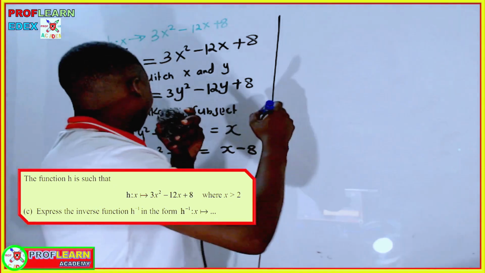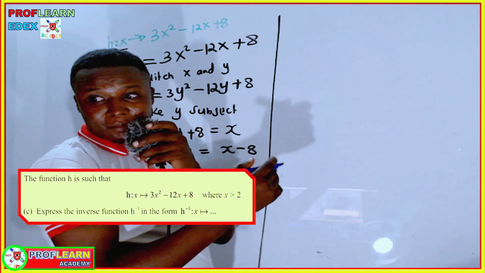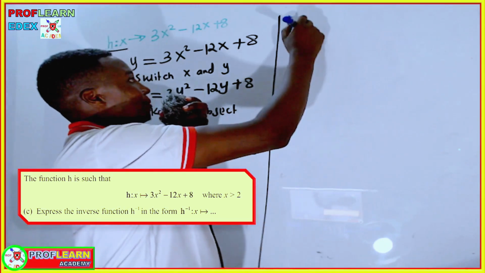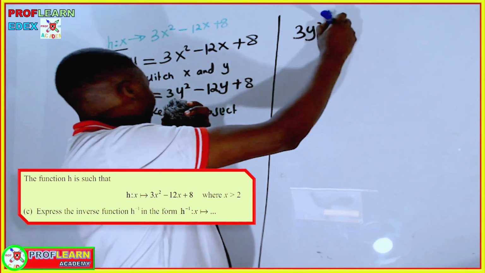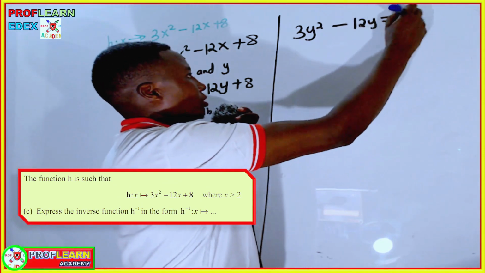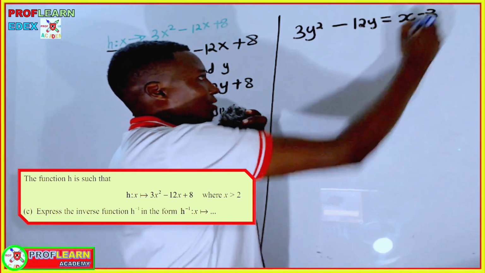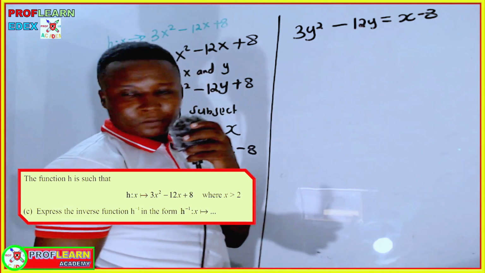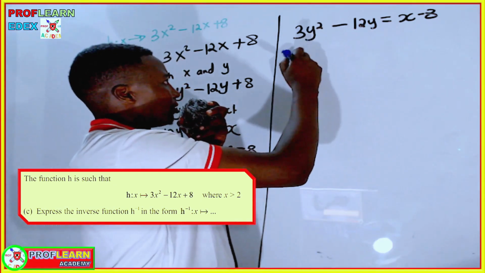So in the process of completing the square, so that I can make y the subject, I'm going to have 3y squared minus 12y equals x minus 8, right? So I'm going to factor out 3.